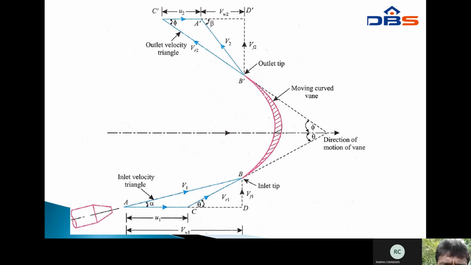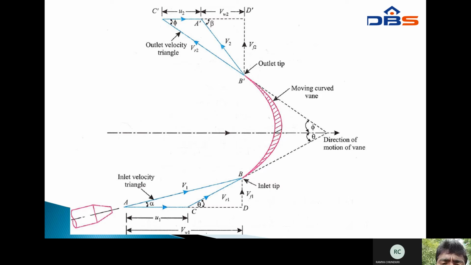First of all, the jet strikes one end of the curved plate and leaves from the other end of the curved plate. The entering jet is called the inlet velocity diagram. The leaving jet is called the outlet velocity diagram.